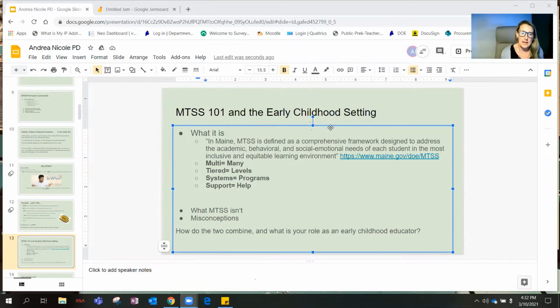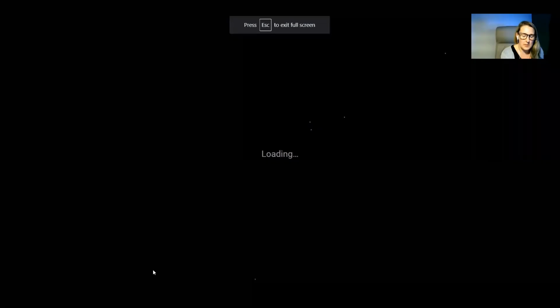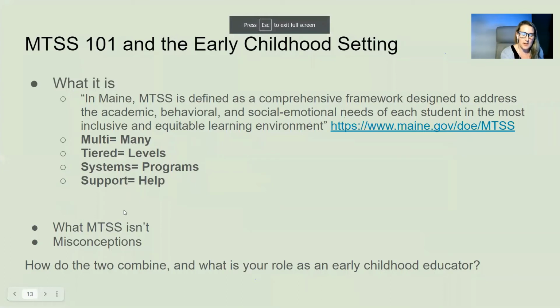When we have students in our classroom, all students, we want to provide them with as many levels of programs, of systems, of help, of support as we can, as many as we have in our toolbox. That's what we want to be providing. Hopefully that helps to simplify what it is in the early childhood setting.